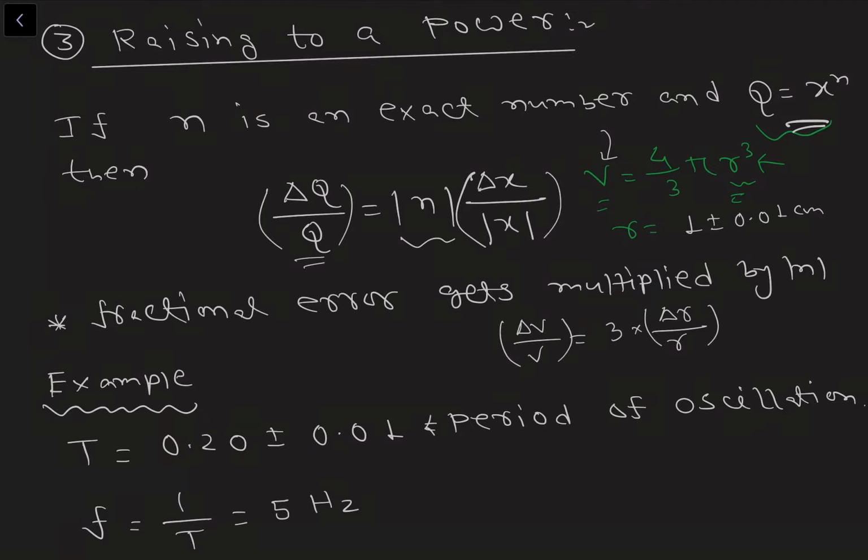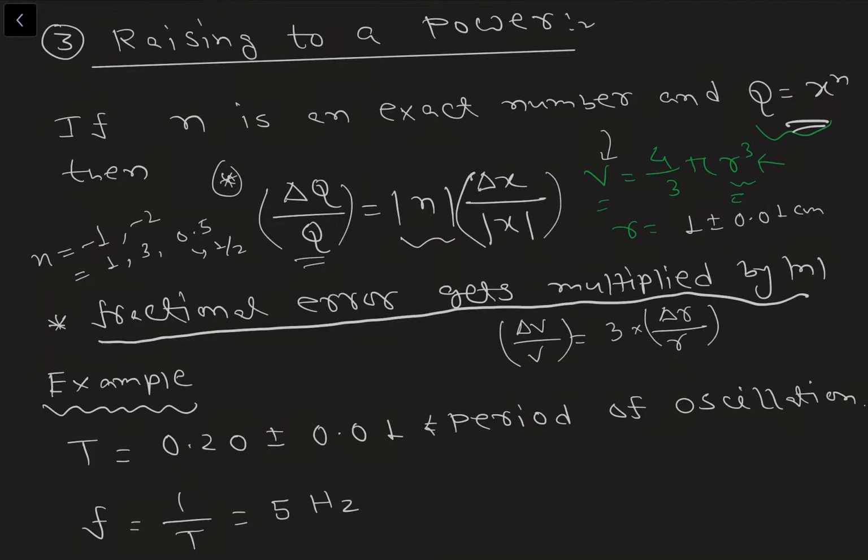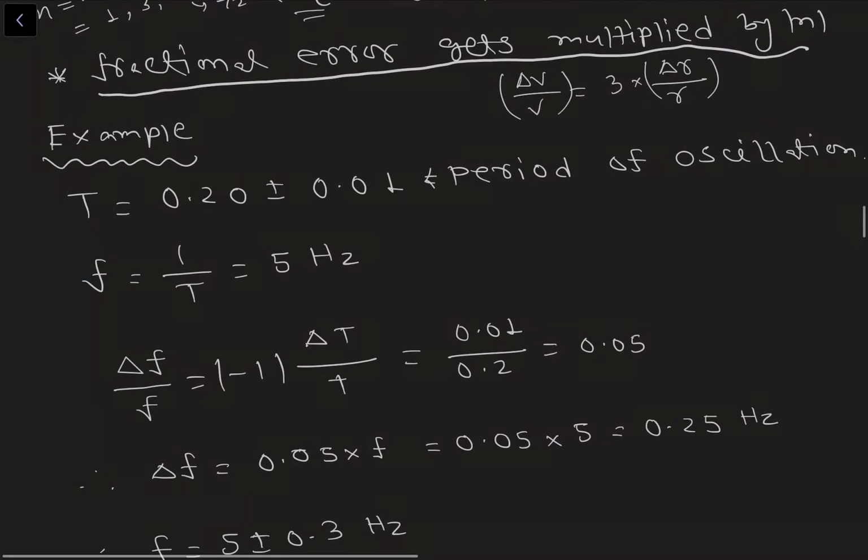So this will be the relative error of our volume. This n can be like -1, -2, anything, some negative value, some positive value, even 0.5, that means whole to the power half. So n has to be an exact number. In short, for memorization, we can say the fractional error gets multiplied by modulus of n.